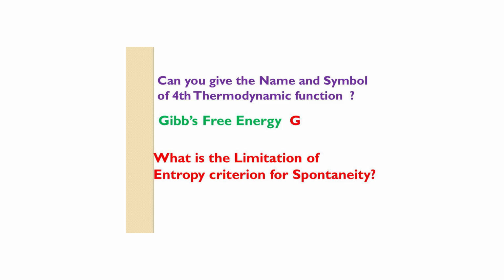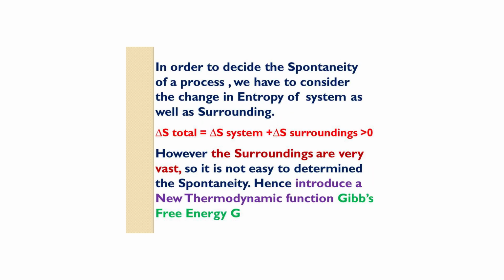Students, what is the limitation of entropy as the criterion for spontaneity? In order to decide the spontaneity of a process, we have to consider the change in entropy of the system as well as the entropy of the surroundings. That is, delta S total greater than 0, where delta S total is equal to delta S system plus delta S surrounding.